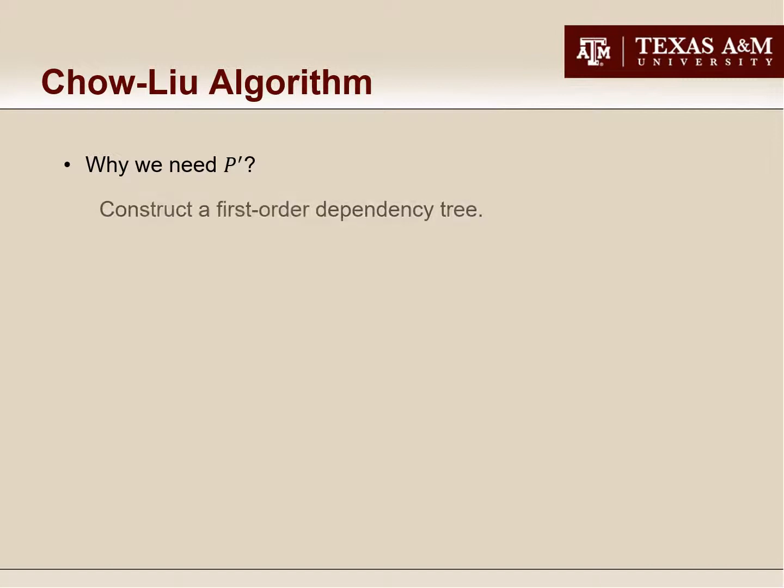But why do we need the approximation for the joint distribution? There are two reasons. First, from the approximation, we can construct a first-order dependence tree. And from the tree, we can find the relationship and dependence of the variables.